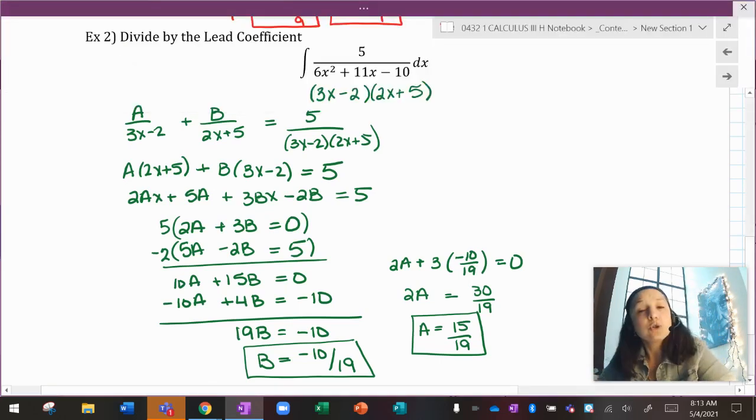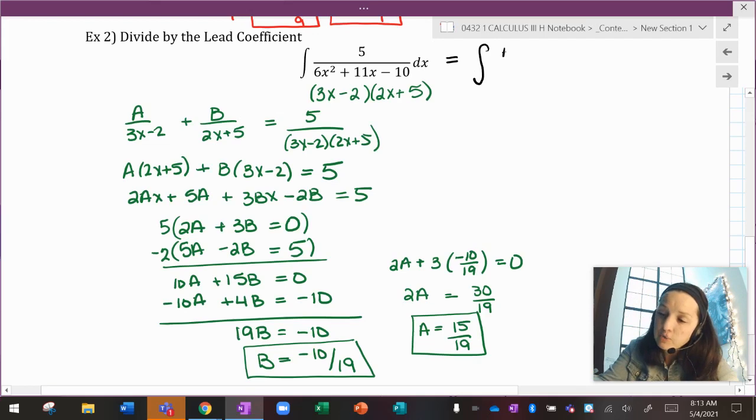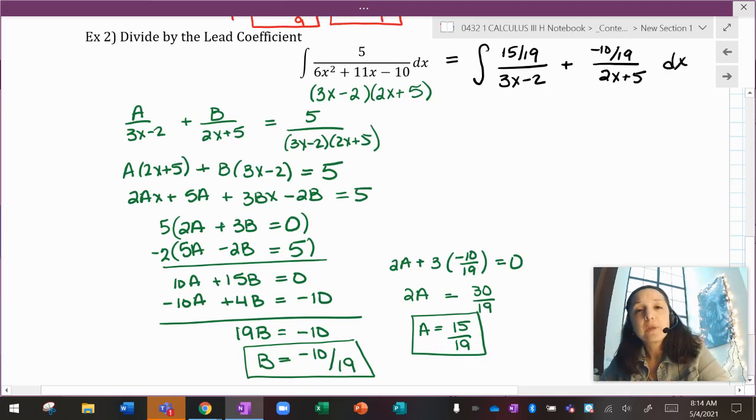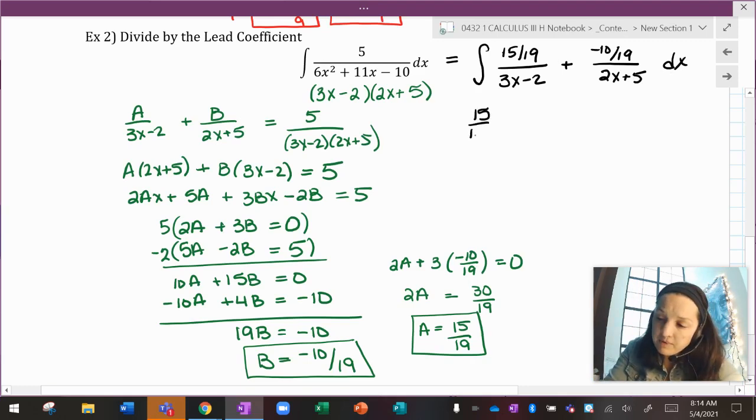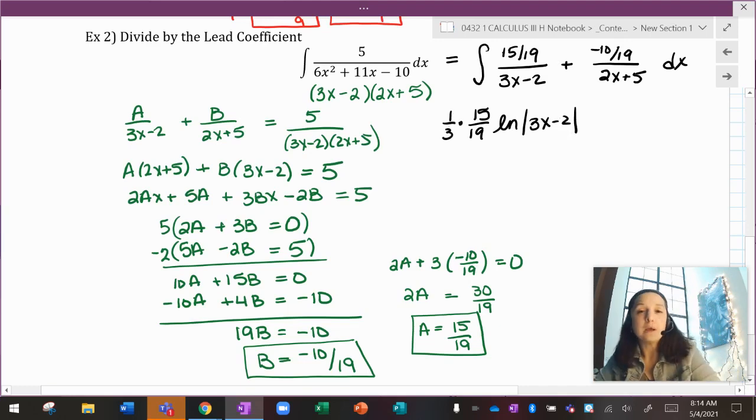Now I need to break my original apart. So this original rational expression can be broken down into 15/19 over 3x minus 2 plus -10/19 over 2x plus 5 dx. And the antiderivative of 15/19 over 3x minus 2 is going to be 15/19 ln absolute value 3x minus 2 divided by 3, because the derivative of 3x minus 2 is 3.